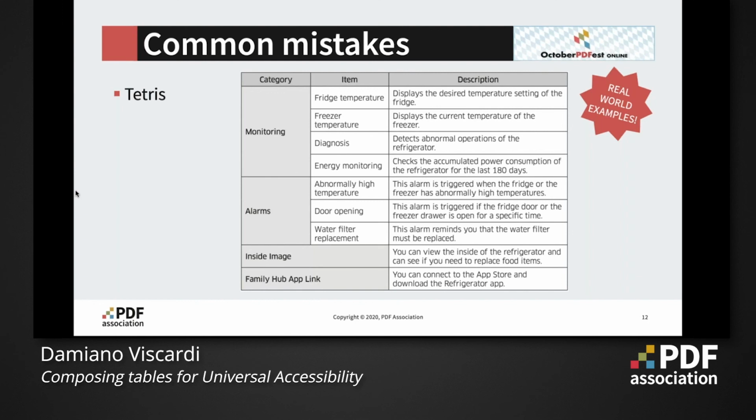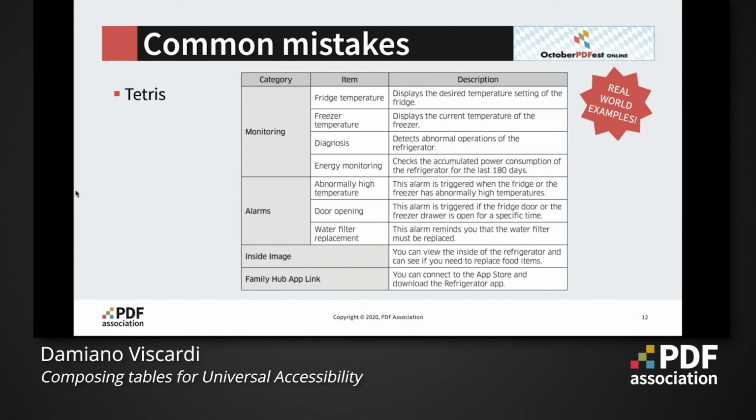For example, in the last rows of this table, we have inside image, and we have to guess if it's a category, if it's an item, if it's a mix of the two, why inside image and family hub uplink occupy more than one row. It's not clear.